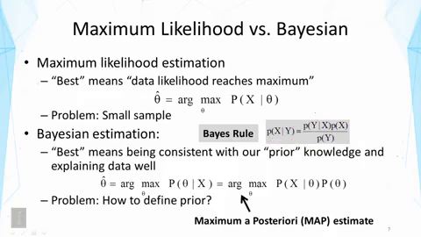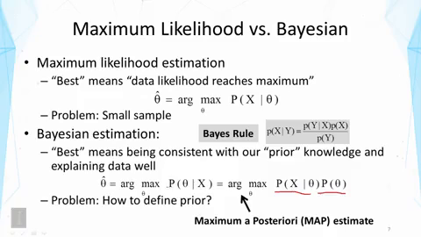Right? So in our case, what we are interested in is inferring the theta values. So we have a prior here that includes our prior knowledge about the parameters. And then we have the data likelihood here that would tell us which parameter value can explain the data well.